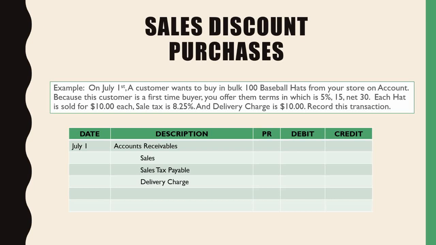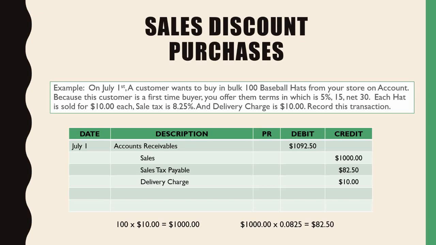And then how much was the additional delivery charge? $10. So our grand total is the $1,000 for the sales, all 100 items at $10 each. Tax is $82.50, and we tacked on a delivery charge.